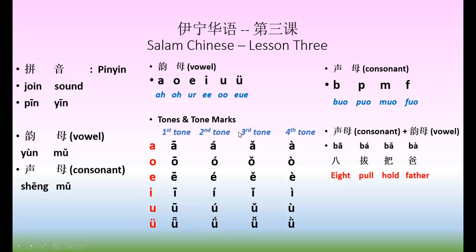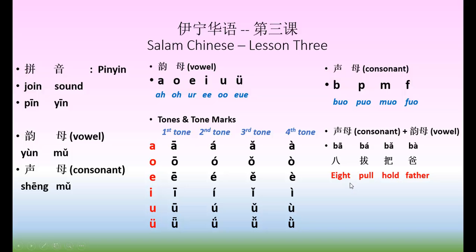In Chinese, we have 4 different tones: first tone, second tone, third tone, and the fourth tone. They sound like this: a, o, e, u, yu, each in four tones. Different tones, meaning-wise, could be very different.